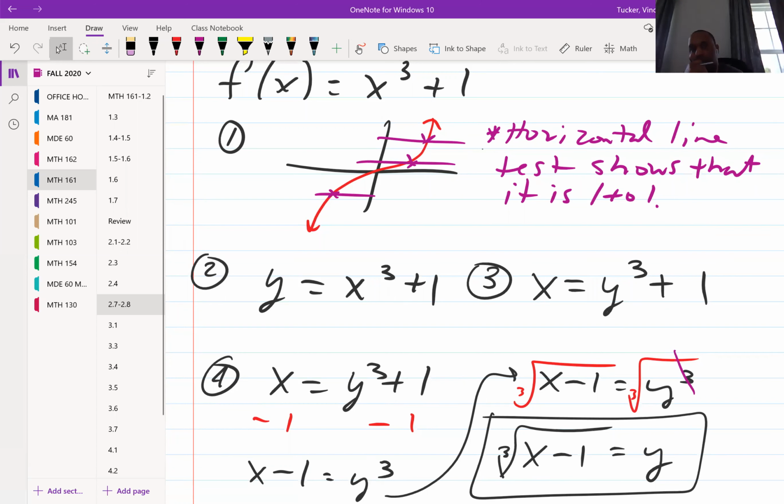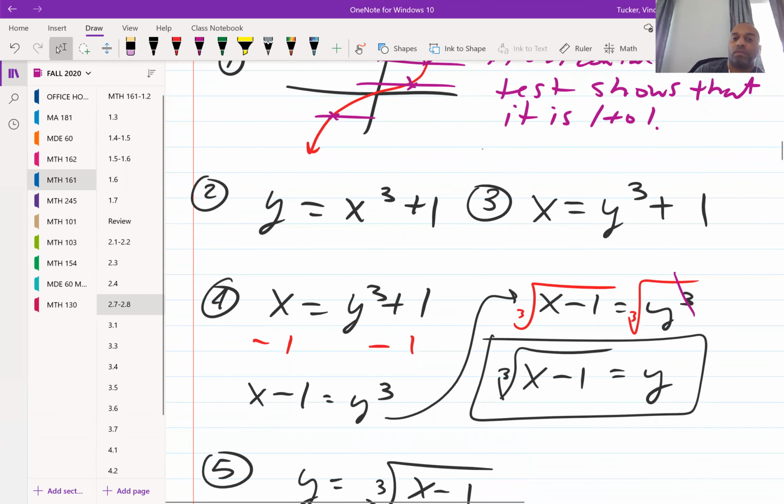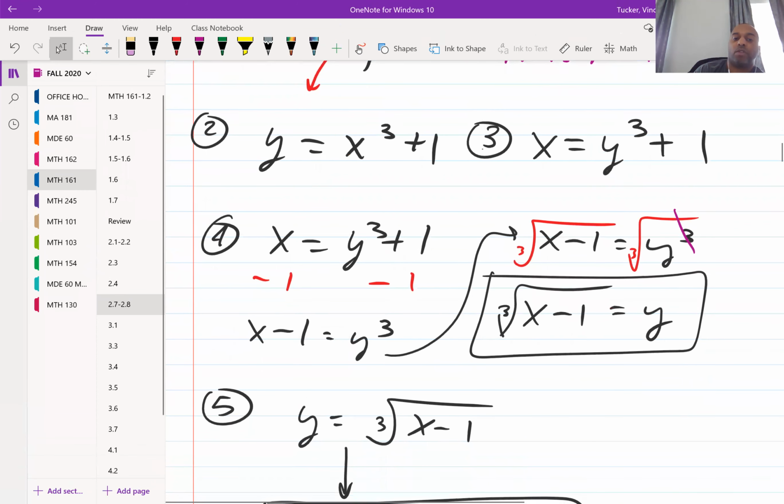Any questions? So y is equal to the cube root of x minus 1.